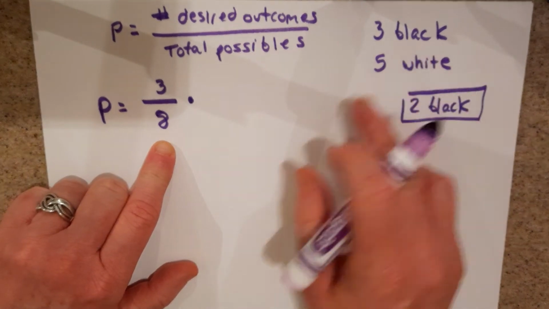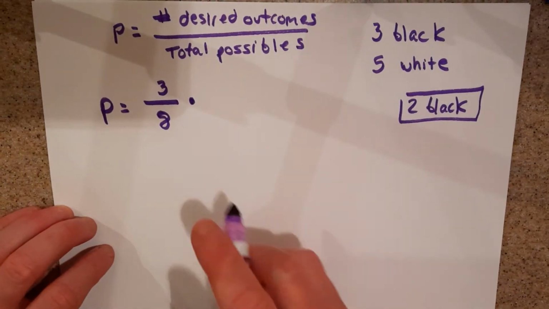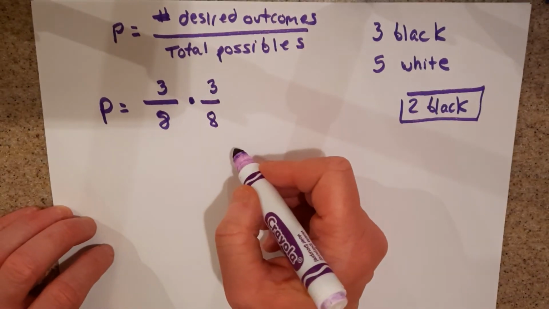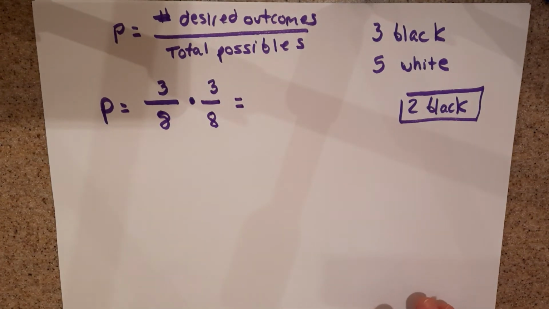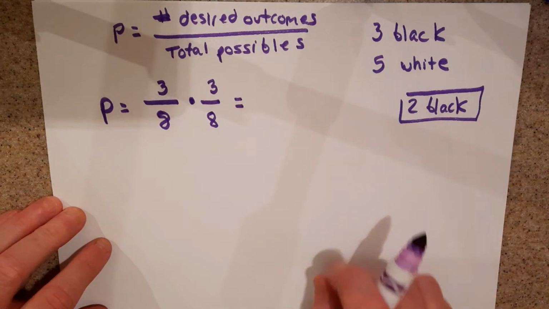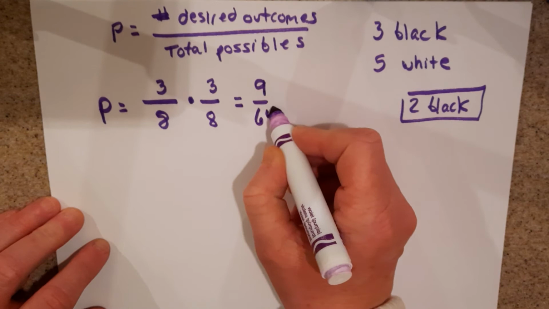If we put that black marble back in, whatever marble we take out, then the probability is the same. It's 3 out of 8, which means the possibility of drawing 2 marbles that are both black, as long as we replace the first one, would be 9 out of 64.